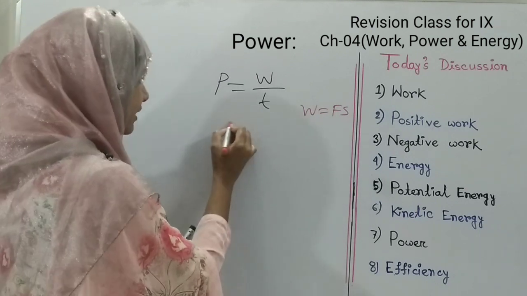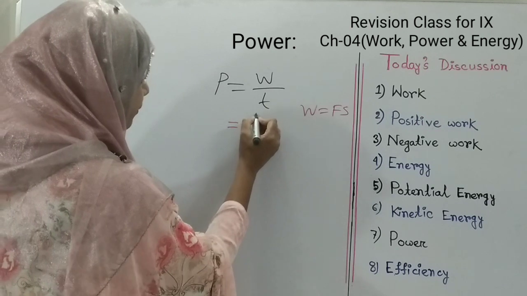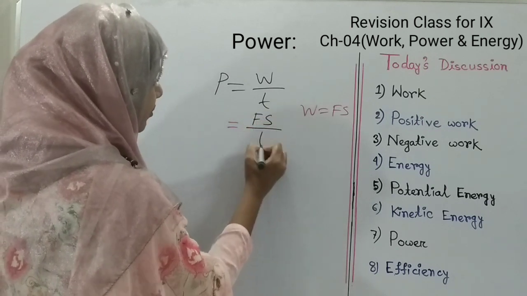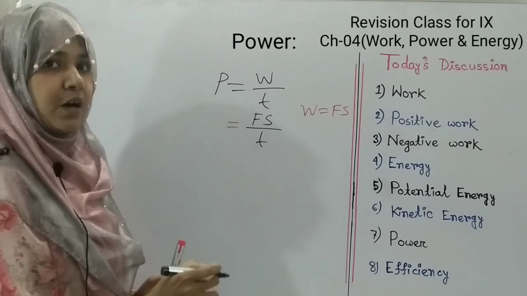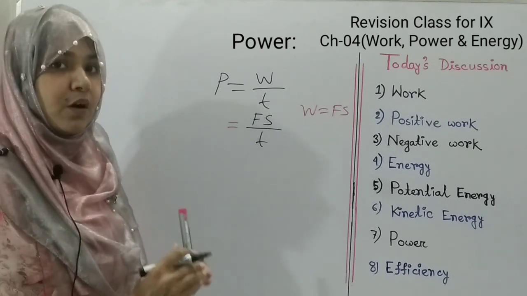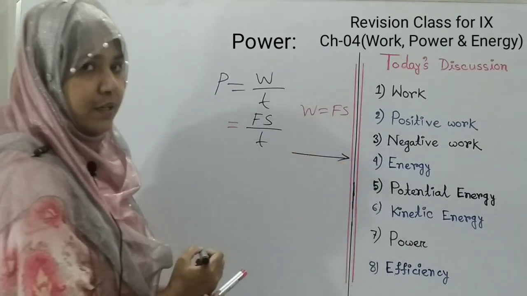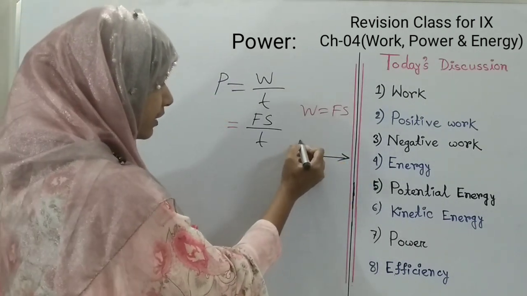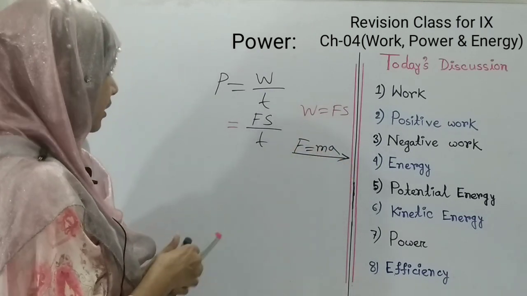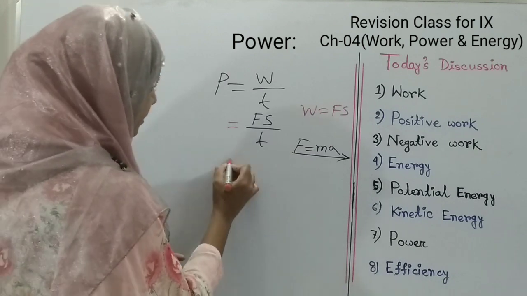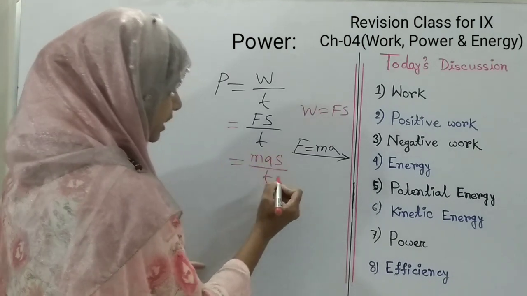So we can write this equation as F s by t. Suppose work is done or force is applied in the horizontal direction. Then we can say that F equals m a, from Newton's second law, as you know. So we can write m a s by t.